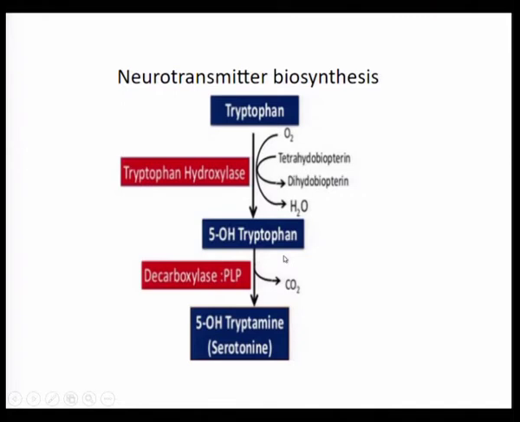So here we go, one more amino acid, tryptophan, which is getting converted to 5-hydroxytryptophan, and this 5-hydroxytryptophan gets decarboxylated to give you 5-hydroxytryptamine. So here you see decarboxylase using PLP as a cofactor.